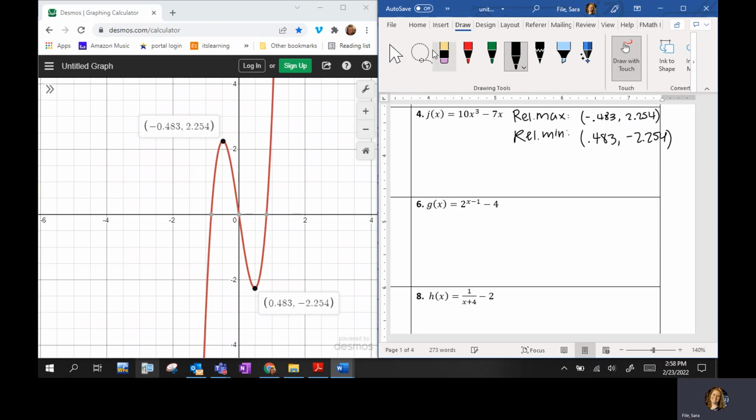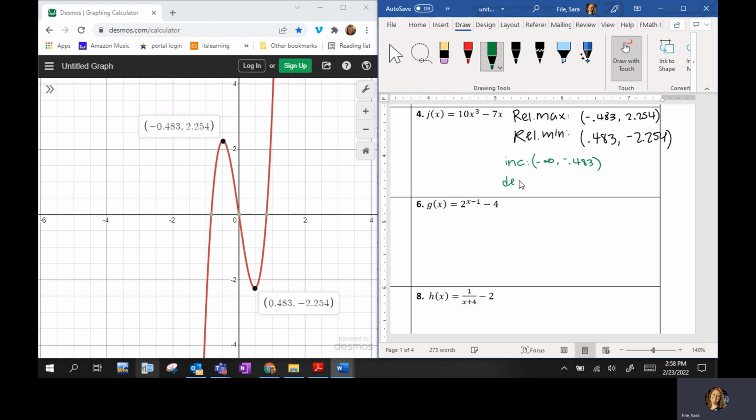And then that means my increasing, decreasing intervals. I'm increasing as the graph goes left to right, starts off increasing until we get to that maximum, which the x value is the negative 0.483.